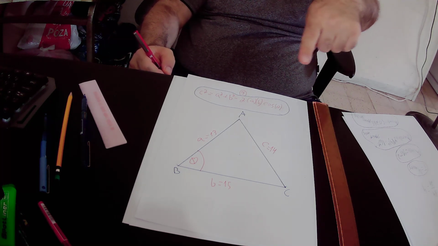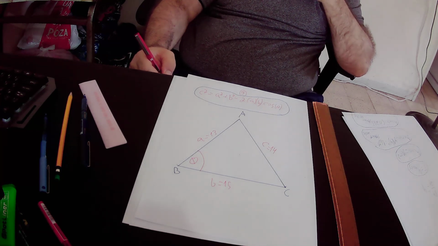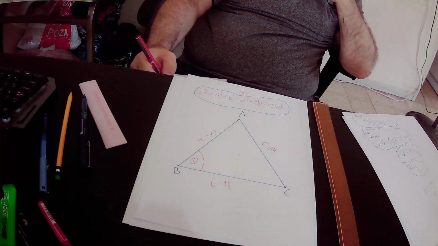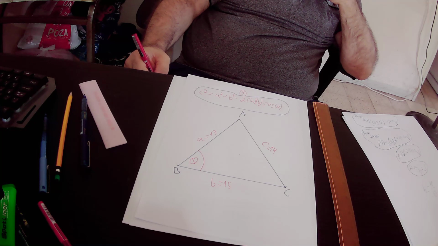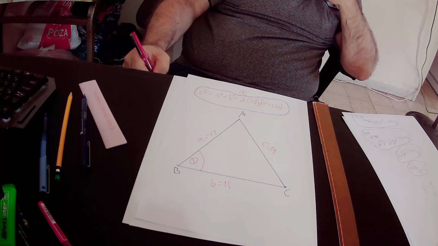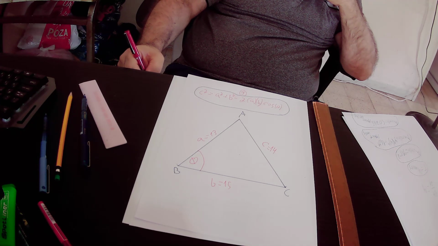A equals 13, B equals 15, so 2 times A times B is 2 times 13 times 15, that is actually 390 cosine theta.